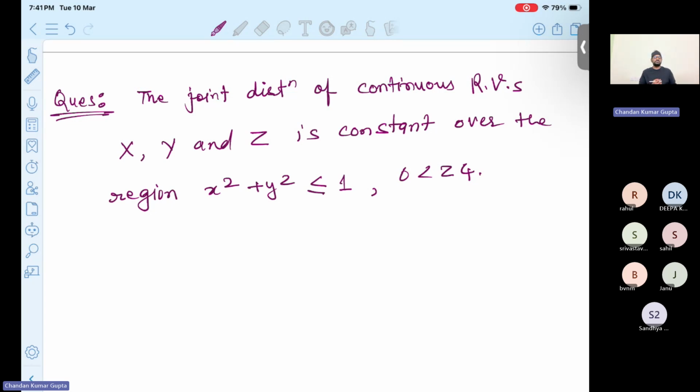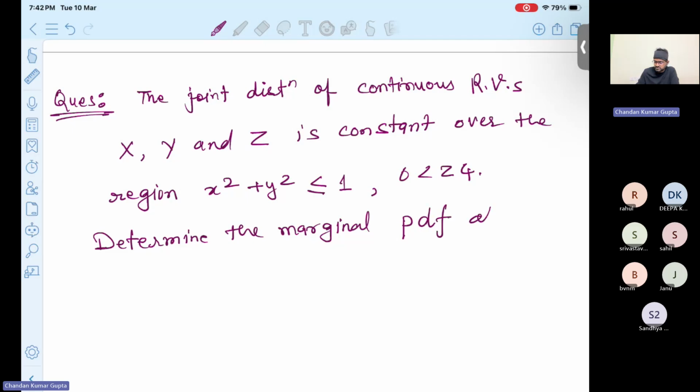Now the question is to determine the marginal probability density function of x.